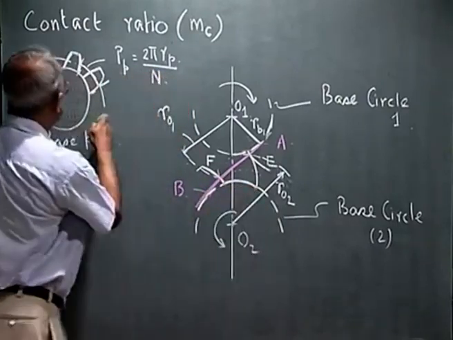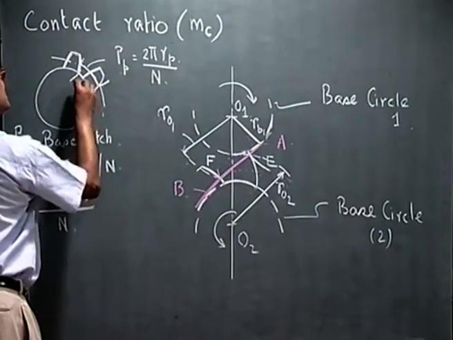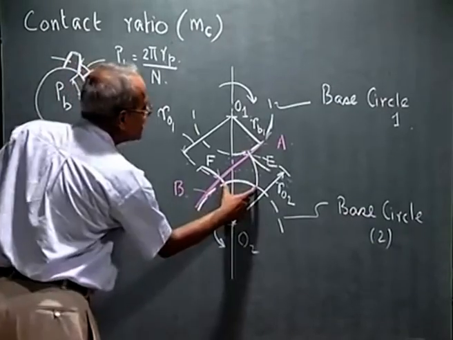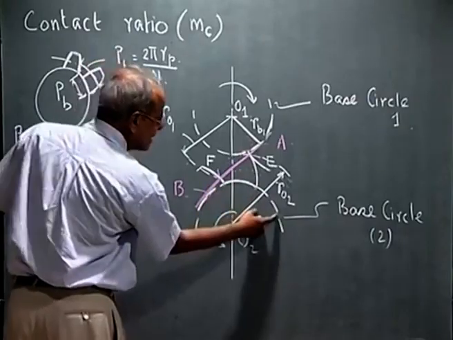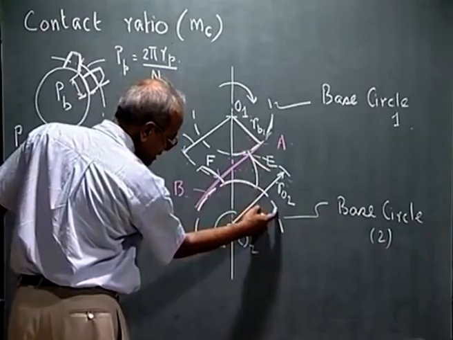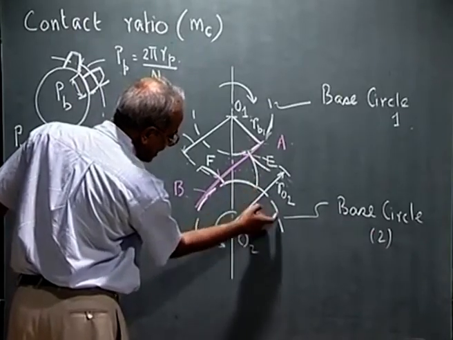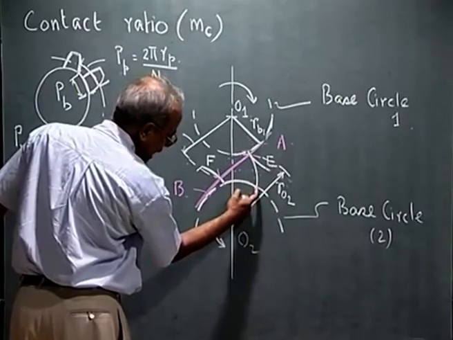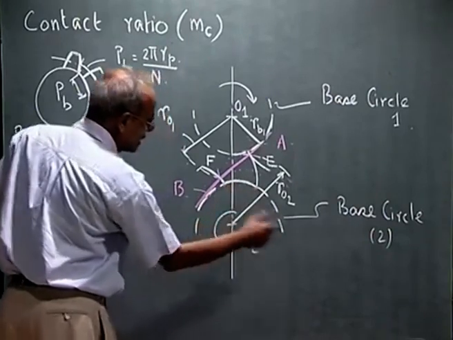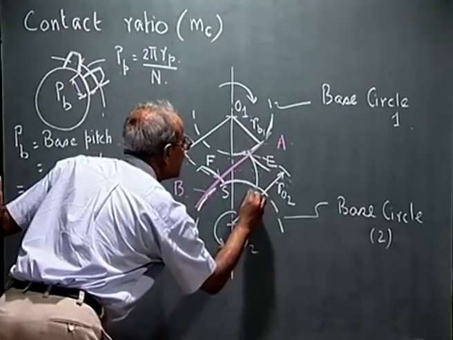This distance must be more than the base pitch. If this distance is defined, and this distance must be more than PB, such that the next tooth has come up to this position, because the distance along the base circle between this tooth and the adjacent tooth is the base pitch. When this point comes here, that point must come above this point. That means this circular distance must be more than the base pitch. Let me call these points S and T.